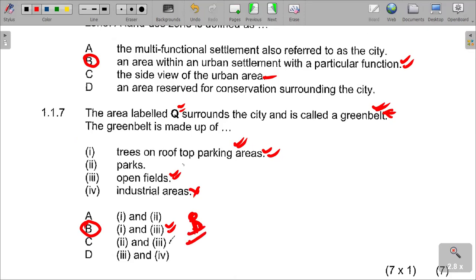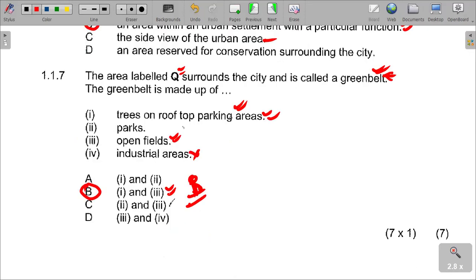We have got trees on rooftops. I am sure that you remember the advantages of this rooftop. We talk about greening the city. When we talk about greening the city, we talk about people doing agriculture, micro farming on rooftops.